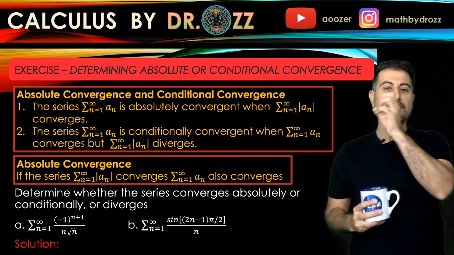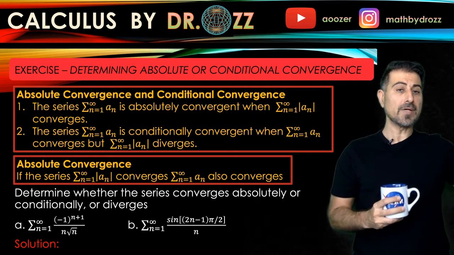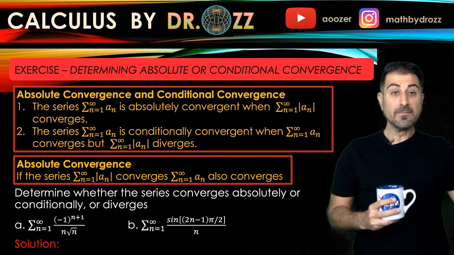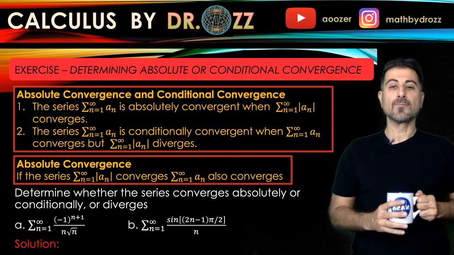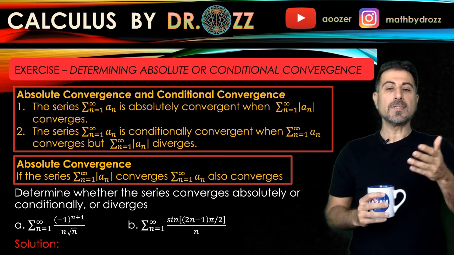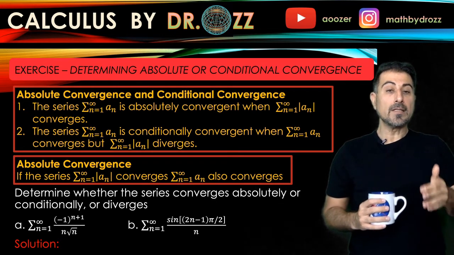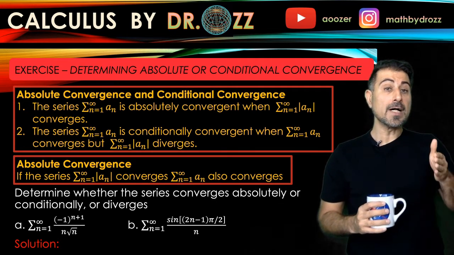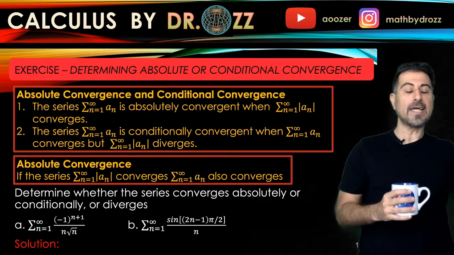So instead of showing the convergence of series an, we check the convergence of the absolute value of an. And if that converges, then the original infinite series is absolutely convergent. And we say that a given series is conditionally convergent when the original series is convergent, but not the infinite series of the absolute value of an.